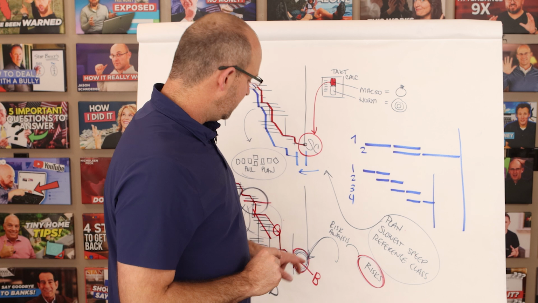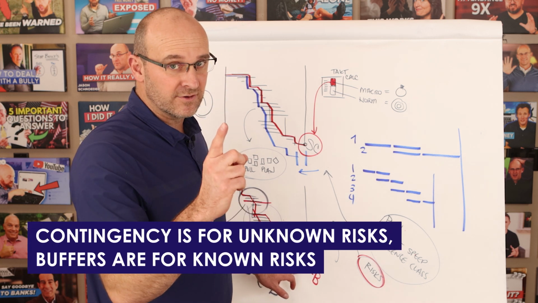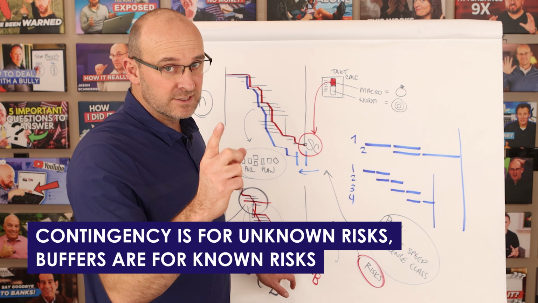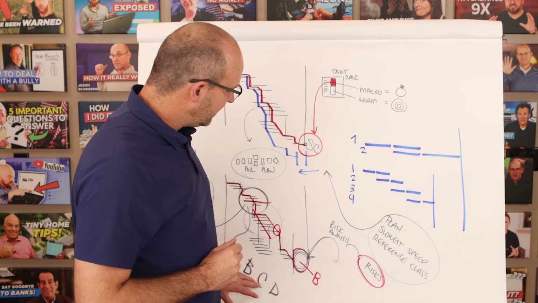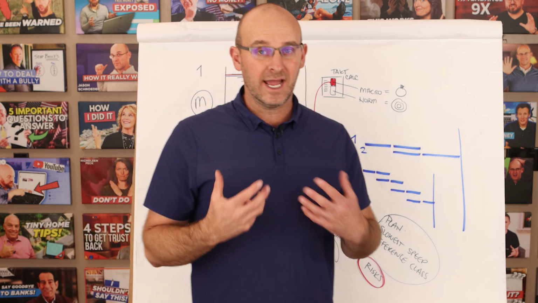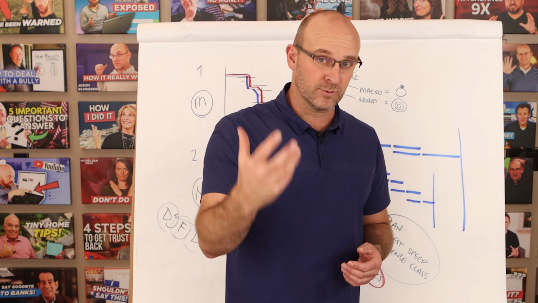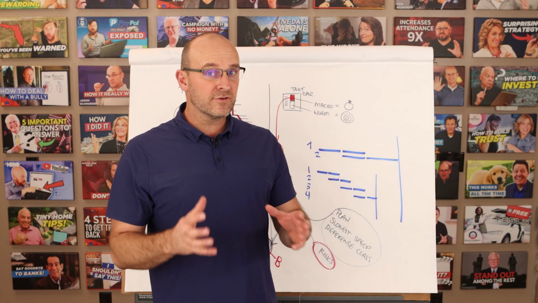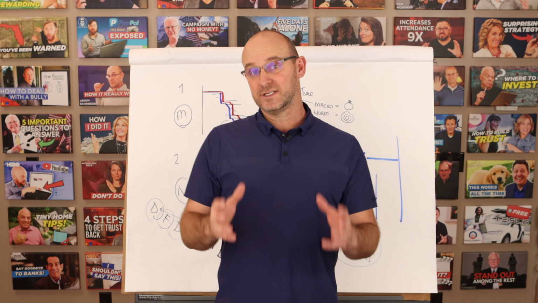So have contingency and buffers here for unknowns. Contingency is for unknown risks, buffers are for known risks, right? And make sure that every individual activity has different permutations of the plan so that you have contingencies built within the work package itself. And so never be caught without buffers, never be caught without contingency planning.